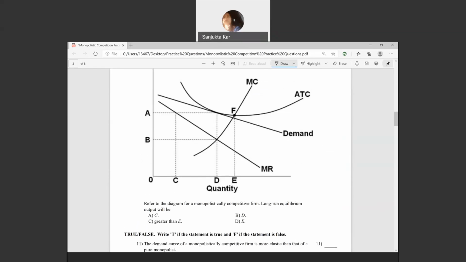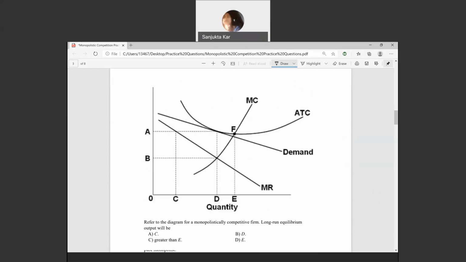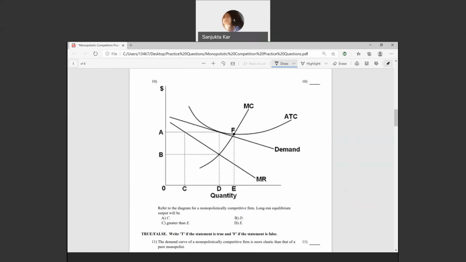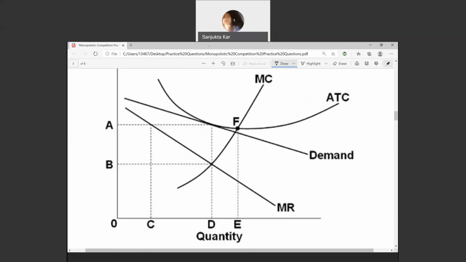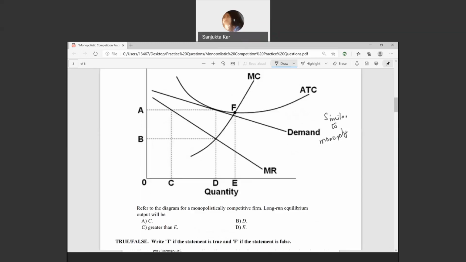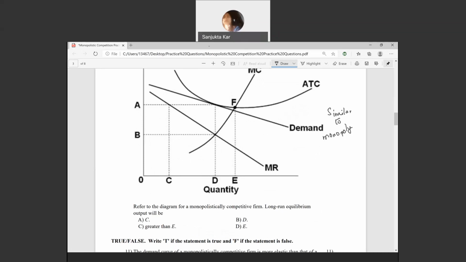Okay, they're asking you to find out the long run output. Just notice something here. The graph is similar to a monopoly market structure. The monopolistically competitive market structure combines characteristics of a monopoly and a perfectly competitive market structure. All right, the question they're asking us is, what is the long run equilibrium output?